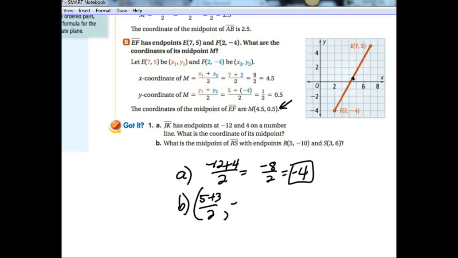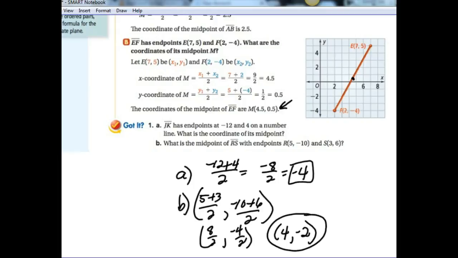And for the Y value, it's going to be -10 plus 6, and you're also going to divide that by 2. Well, that ends up giving you 8 over 2 for this one, and -4 over 2 for this one. And when you clean that up, that's really nothing more than 4, -2. And that becomes your midpoint for part B.